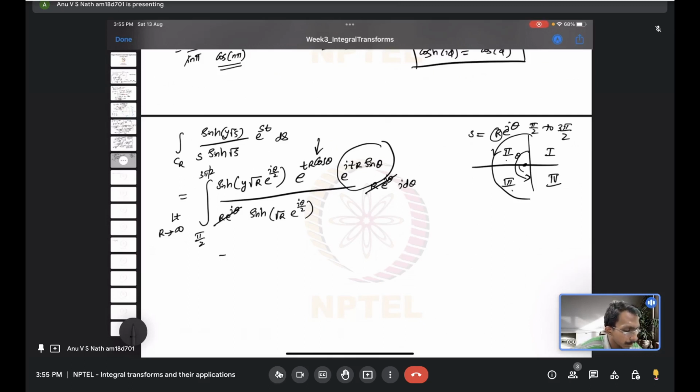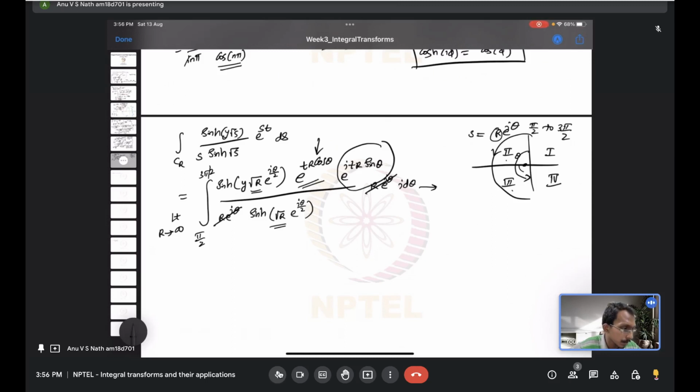So in the limit of r tending to infinity, this particular term is exponential of minus infinity always, because cos is negative there, and this integral is going to vanish. The root r in the numerator and denominator are identical in nature, so they will balance.